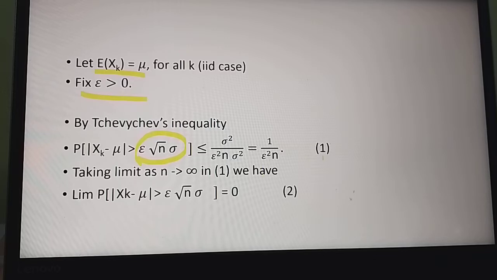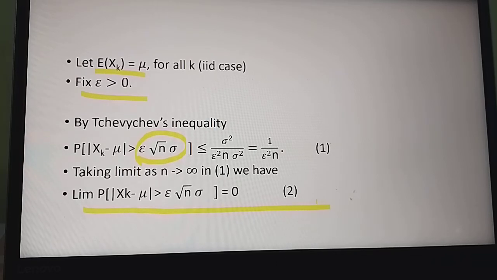This is equation number 1. In equation 1, if we take the limit as n tends to infinity, the limit of the probability that Xk minus mu is greater than epsilon times root n sigma is equal to 0, because as n tends to infinity, this will be 0. This is equation number 2.